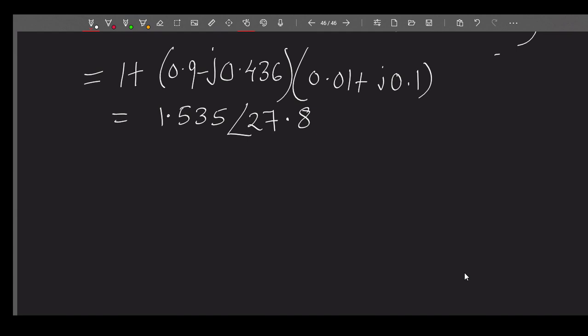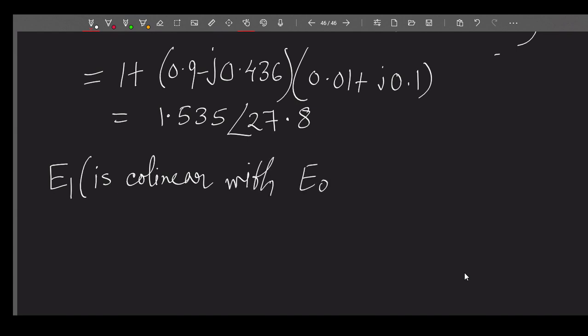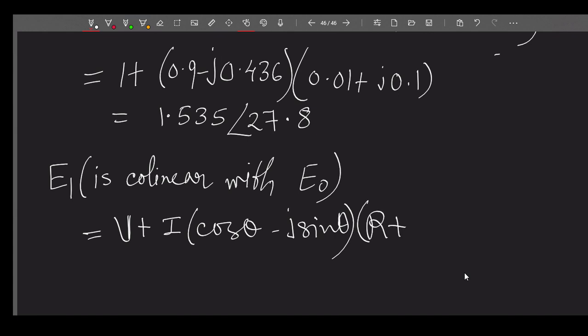And what about that E1? E1 is, so U1 will be how much?